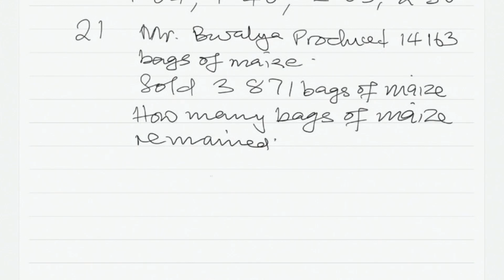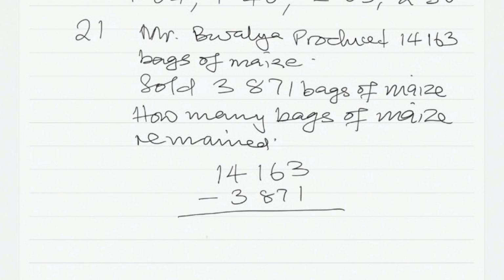This is a straightforward question, meaning we have to subtract 3,871 from 14,163. So 3 take away 1, it gives us 2. 6 cannot be used to take away 7 from it. So we are going to get 1 from there and put it there, that is 16. 16 take away 7, it will give us 9.